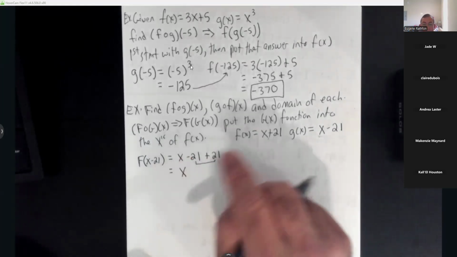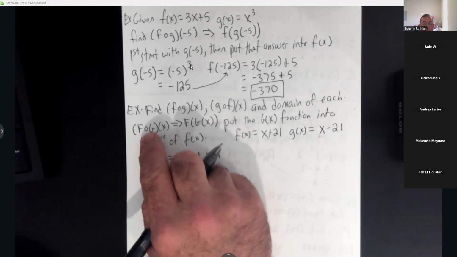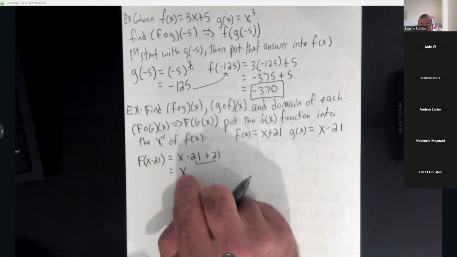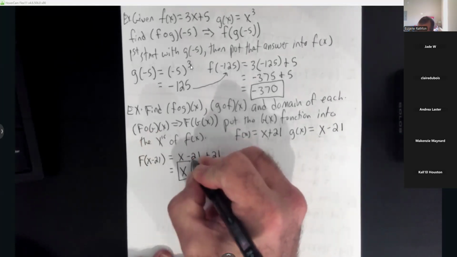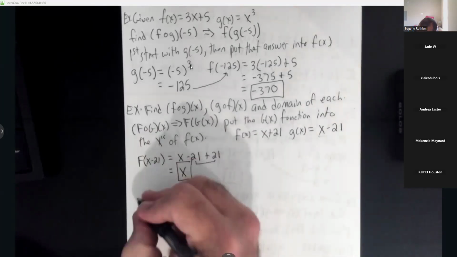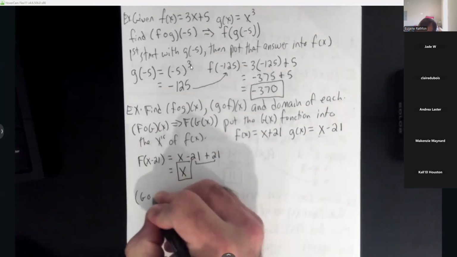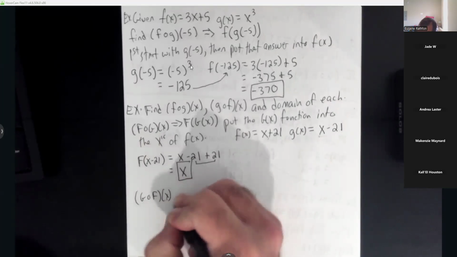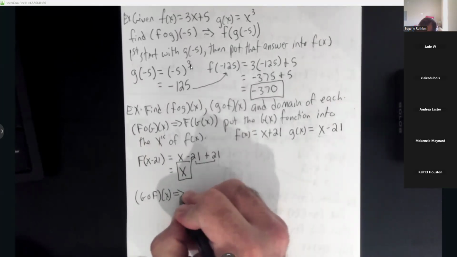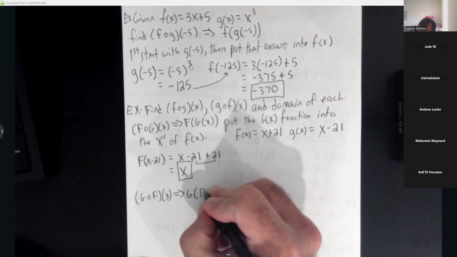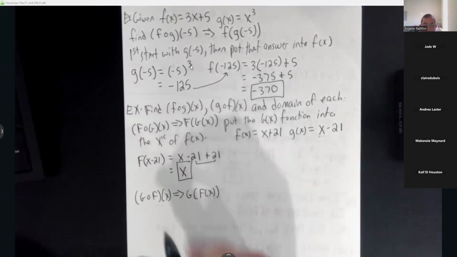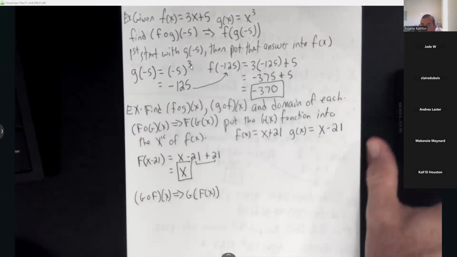So that means f of g of x equaled x. All right, so now we're going to do g compose f of x. So that would be like g of f of x. Once again, they didn't give me a number.